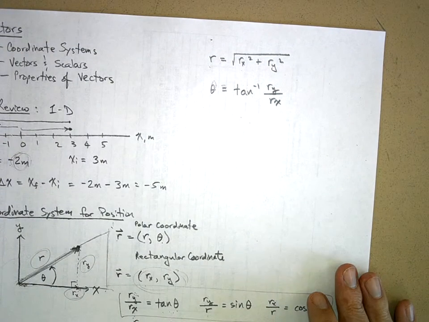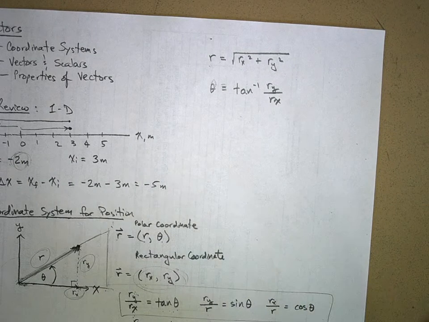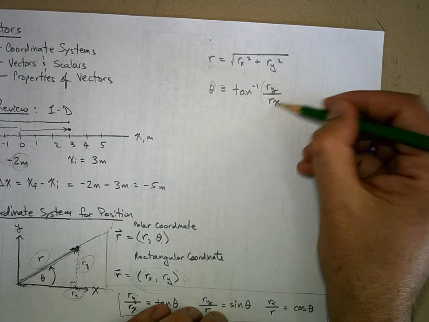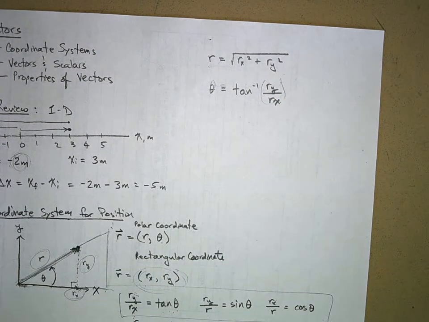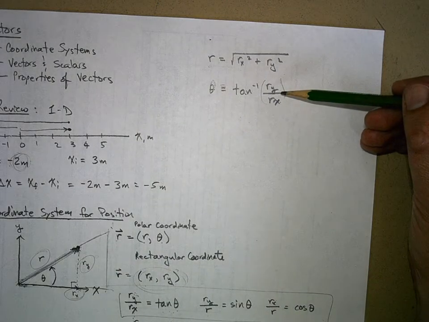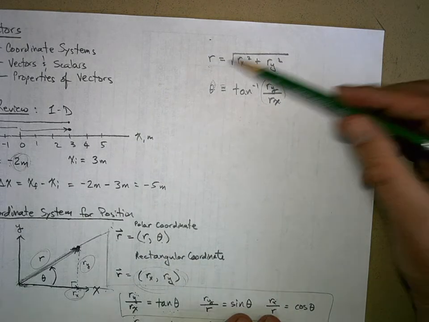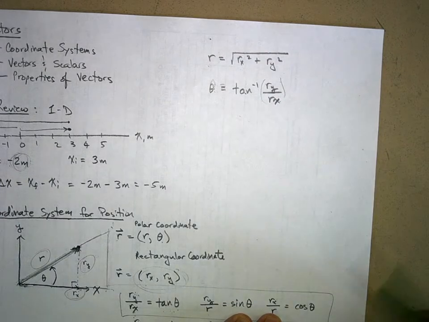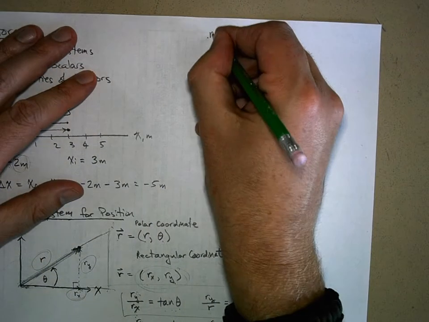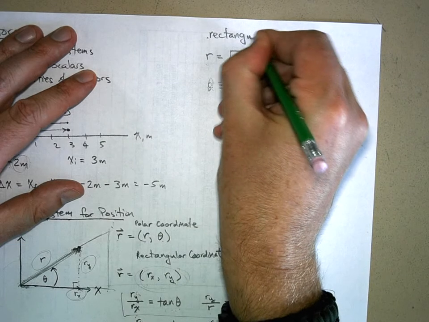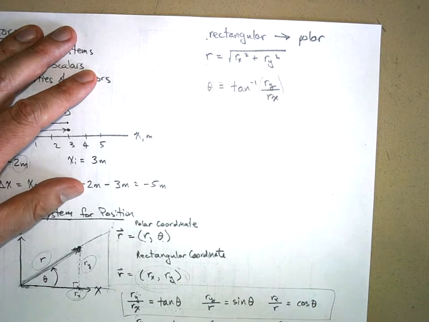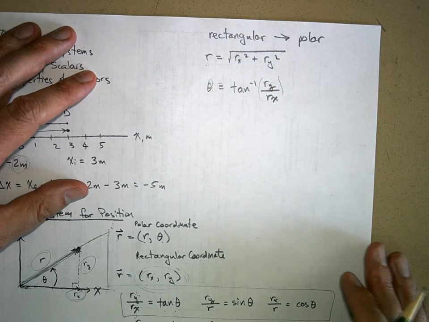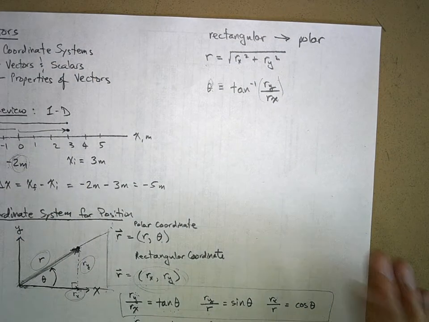What this is saying is, you give me the ratio of ry over rx, I'll tell you what the angle is. So this is a way, if I give you the rectangular coordinates and I want the polar coordinates, these are the two equations I would use. So this goes from rectangular to polar coordinates.